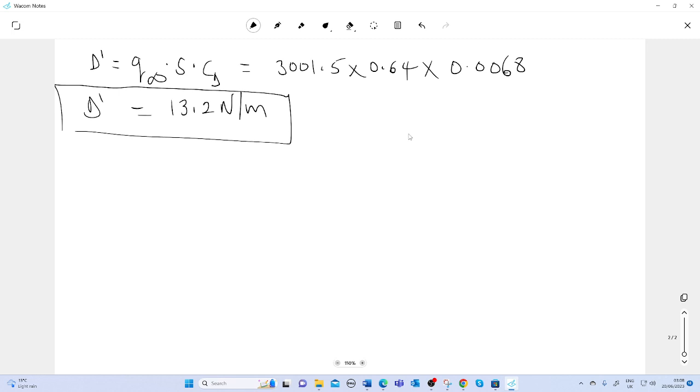Now that we have found the calculated drag, the next thing is to calculate the moment per unit span on the airfoil. To calculate the moment per unit span on this particular airfoil, we can trace the angle of attack on the moment using the table of moment to the angle of attack.